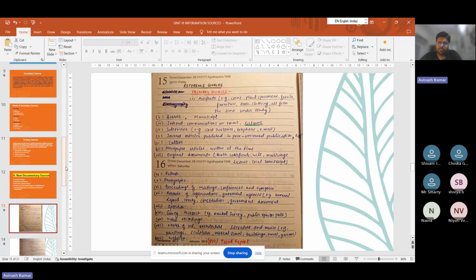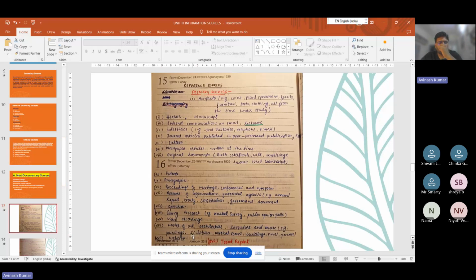And patents, photographs, proceedings of meetings, conferences and symposia, records of organizations, government agencies, also speeches, survey research, video recording.